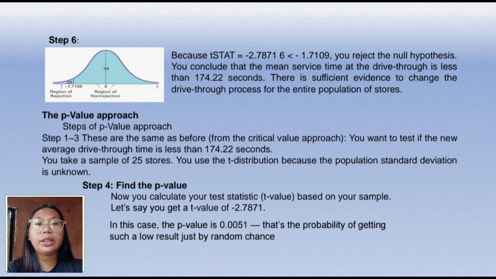We calculate our test statistic, the t-value, based on the sample. Let's say we get a t-value of negative 2.7871. In this case, our p-value is 0.0051. That's the probability of getting such a low result just by random chance.